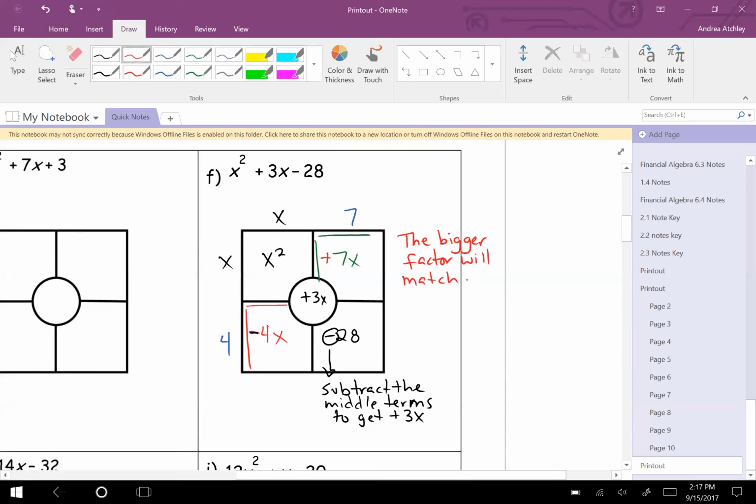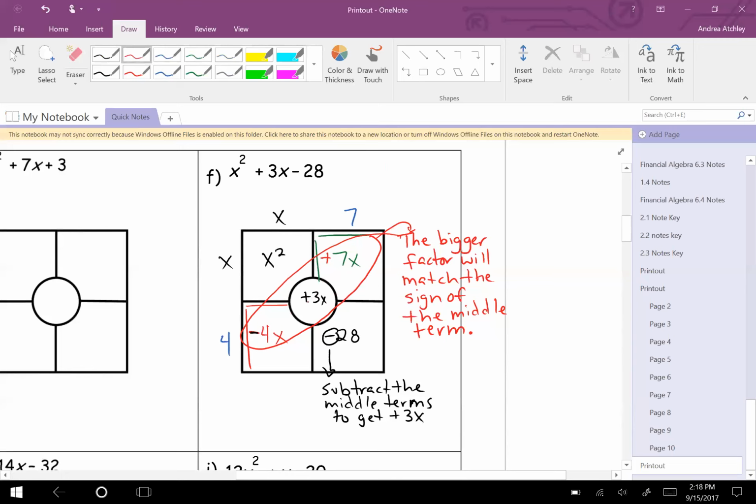The bigger factor will match the sign of the middle term. So between these two, if you're struggling to determine which one's going to be positive and which one's going to be negative, look at that middle term, look at that 3x, and determine which one of these is bigger, and it gets the same sign.